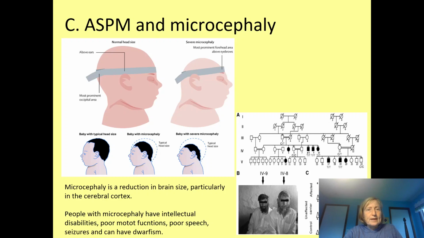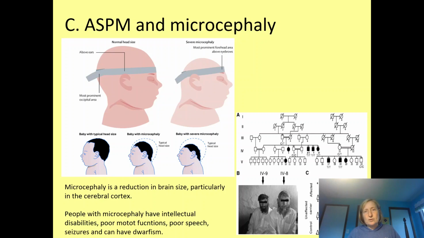functions, right? In any case, here's a picture of a baby with a typical head size, with a big brain, and then a baby with microcephaly or severe microcephaly. Microcephaly can arise because of a whole suite of factors. Probably you've heard of the disease Zika, that's caused by or carried by mosquitoes.